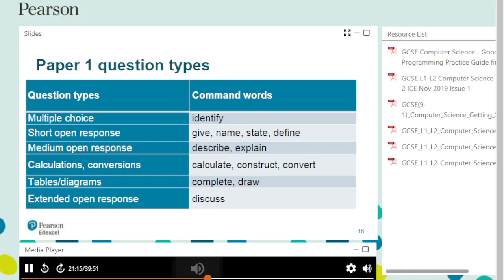They have a higher mark tariff of 2 to 4 marks and require students to produce a more substantial written response. There is 1 6-mark extended response question that uses the command word discuss. Students have to produce an essay-style structured response. There's also 1 high-tariff non-written 6-mark question that may require students to produce an algorithm, draw or complete a diagram, or fill in a trace table.